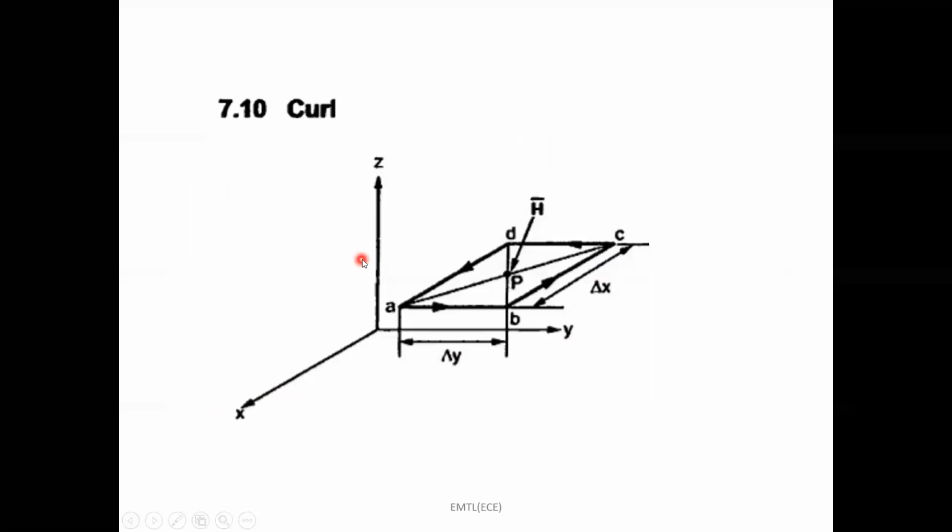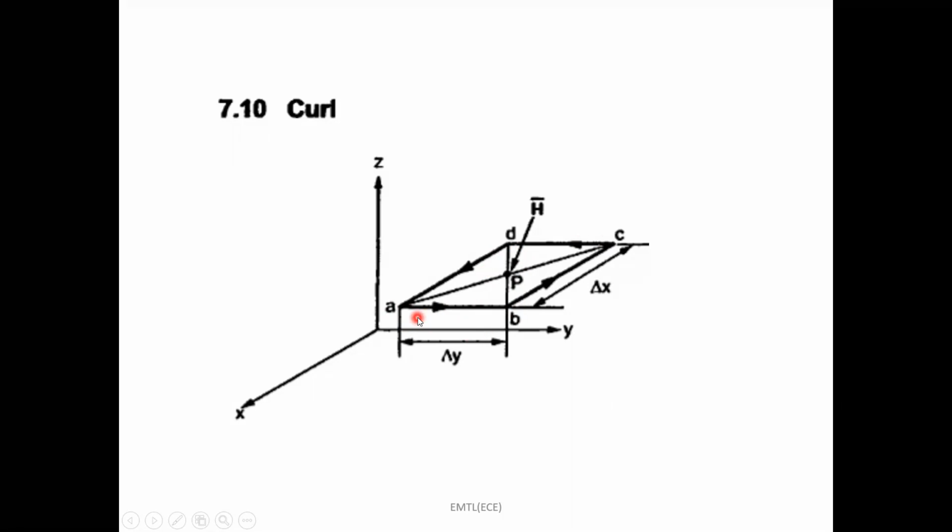So first we calculate the H bar value along the path A and B. This is A and B. Now we have to calculate the magnetic field intensity at the point P due to this path, that is, current traveling from A to B. Similarly, the magnetic field intensity developed when the current passes from B to C. In a similar manner, C to D and D to A. Why?